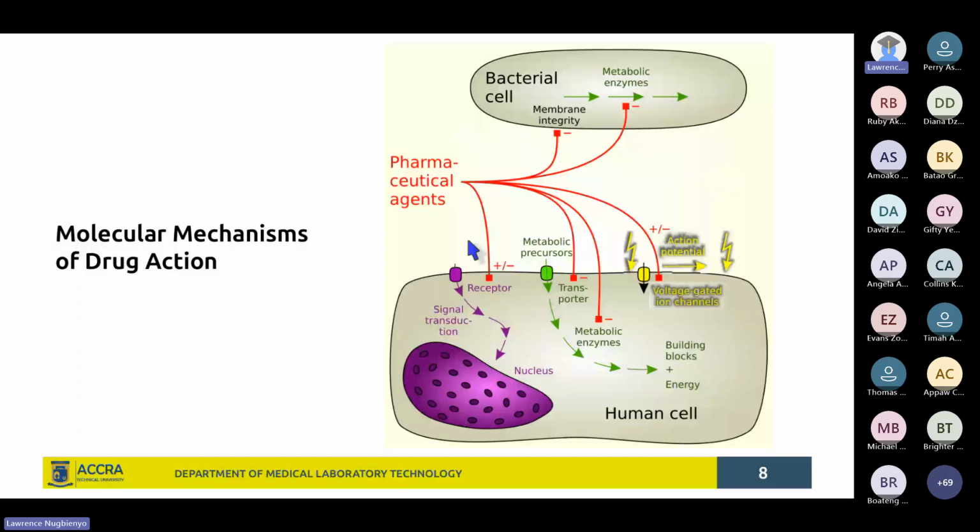And when it interacts with the receptor, of course, that signal, that message that the pharmaceutical agent brings is then transferred, as we saw with the second messengers, all the way sending the message into the nucleus, where there will be the expression of a particular gene to respond to whichever process is supposed to be controlled.